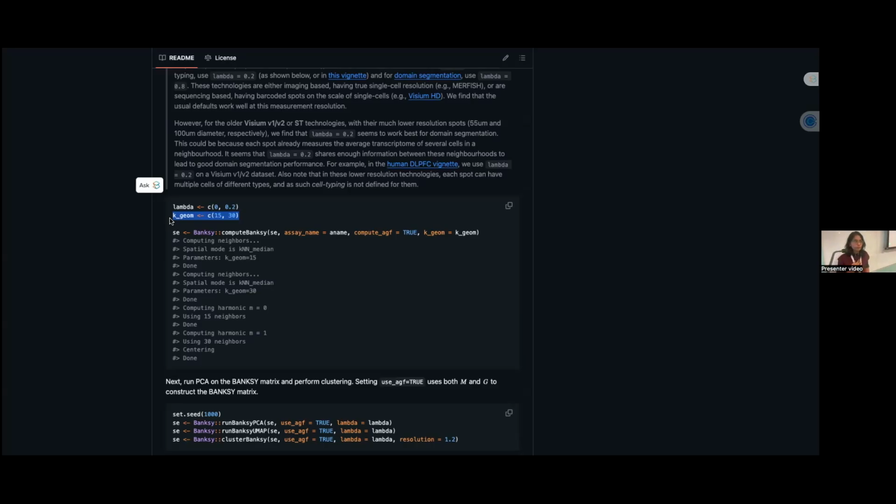You might want to use 100, depending, again, on the organizational value of your tissue as well. If you're looking at organoids, I wouldn't do 100 or 50, maybe 15 would be fine as well, or even 9 would be suitable. All right, so they have given all these parameter fine tuning, and it's there, so it's good.